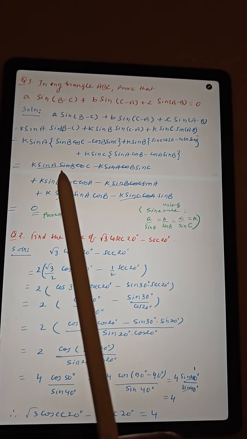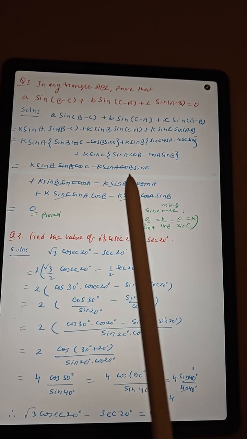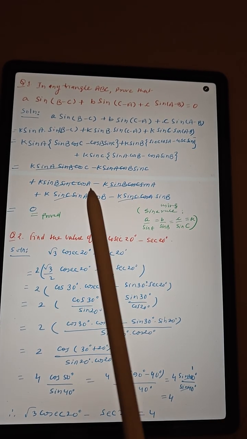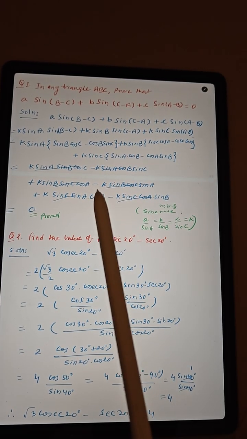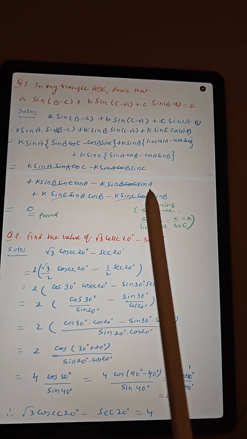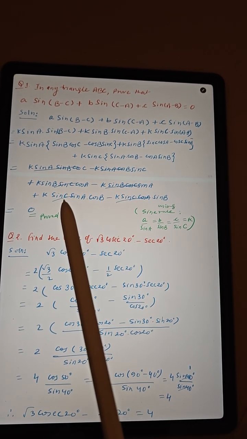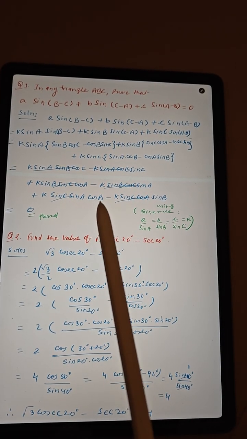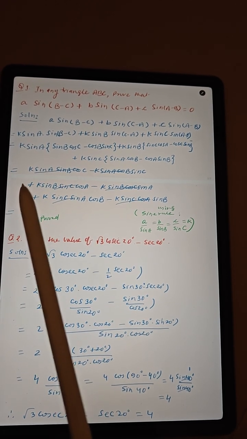So k sin A sin B cos C minus k sin A cos B sin C, plus k sin B sin C cos A, minus k sin B cos C sin A. Now k sin C sin A cos B, the third term we are expanding, minus k sin C cos A sin B. So you will see the similar terms will get cancelled.